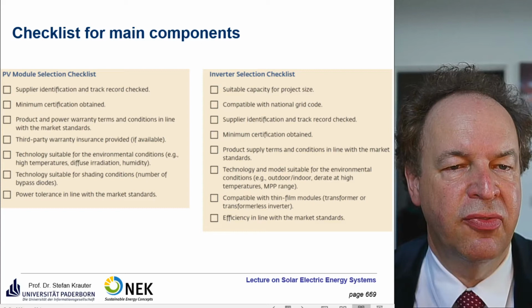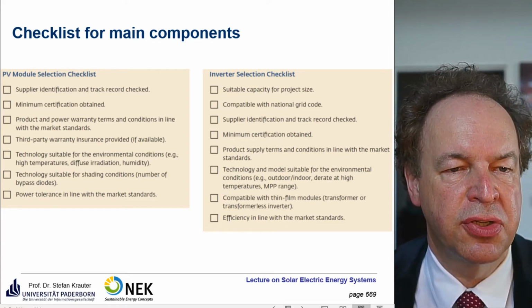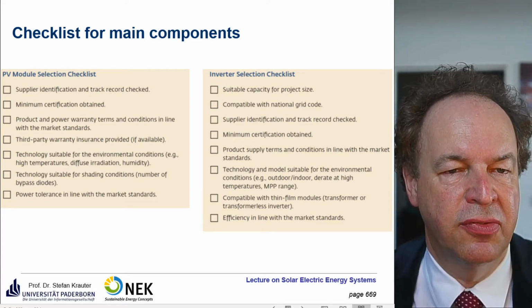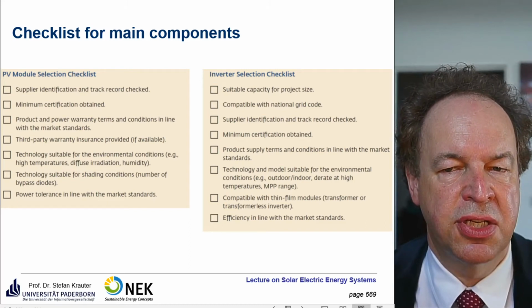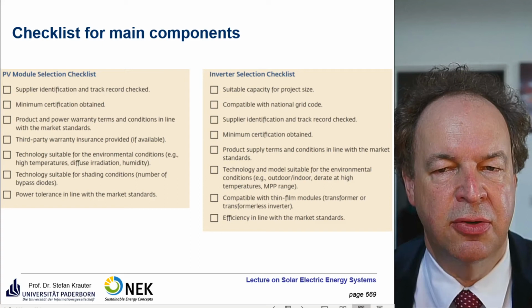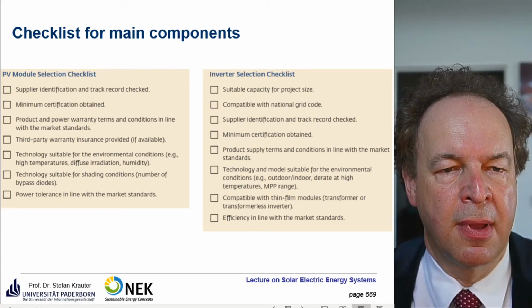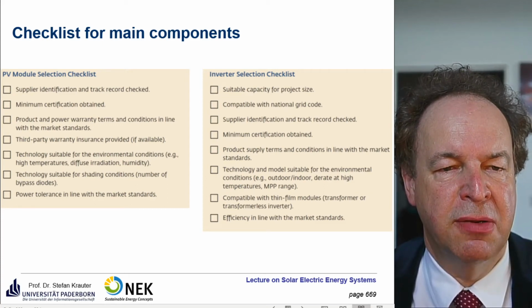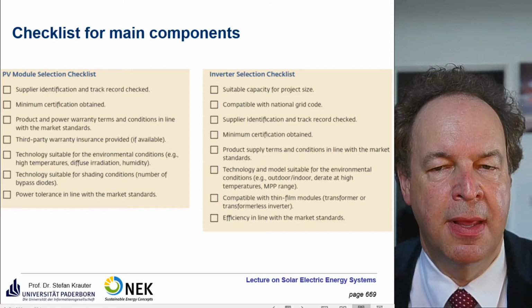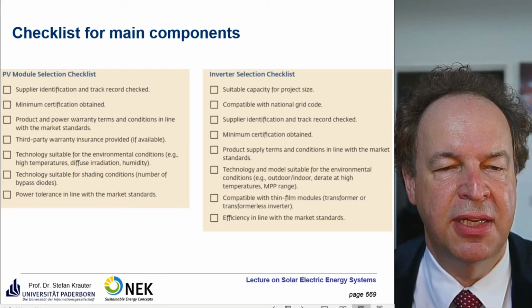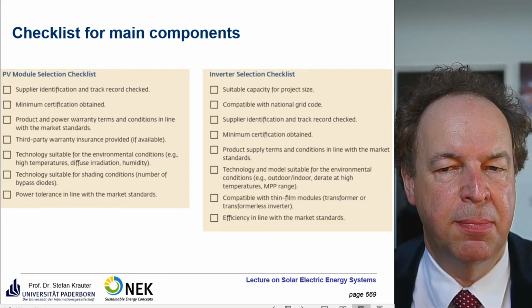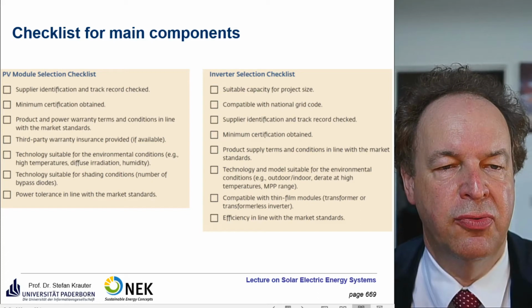Technology has to be suitable for the environmental conditions, for example high temperature, lots of diffuse radiation, humidity, but more severe is salt mist or dust accumulation. For example, we got a project in Bolivia, very high up in the mountains, with really high UV radiation, and the equipment has to be suitable to withstand that.